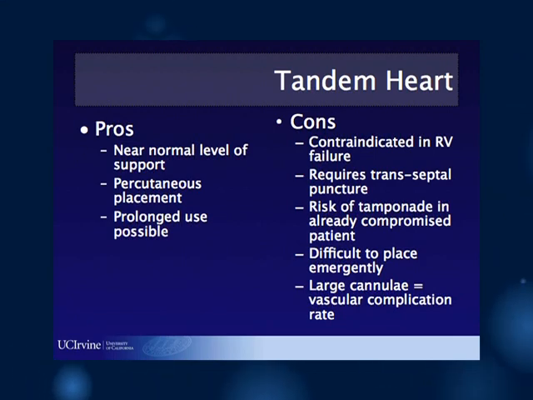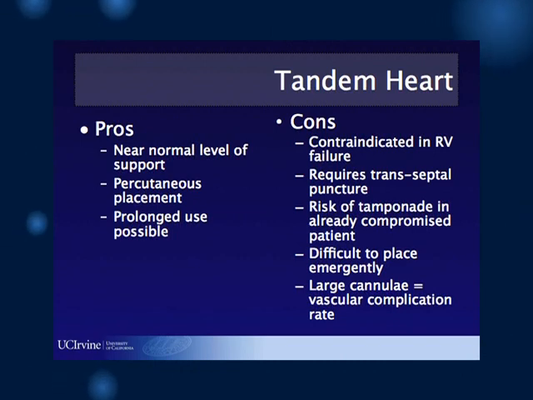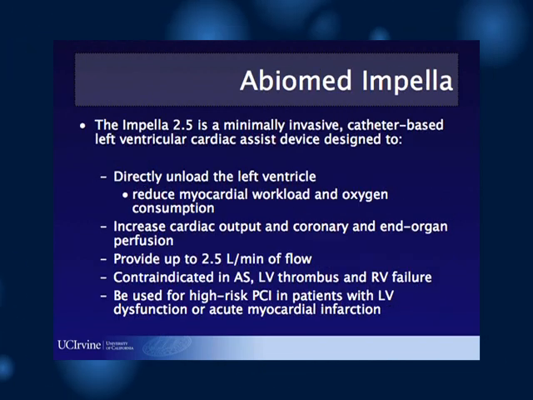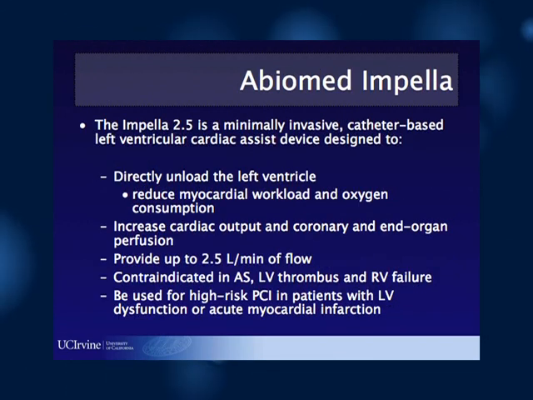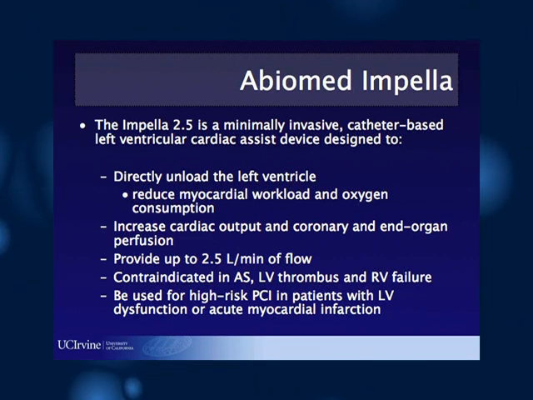It does require the performance of a transseptal puncture, and with this, the risk of tamponade in an already compromised patient. It can be difficult to place under emergent circumstances, and the large cannula are associated with increased vascular complication rates.